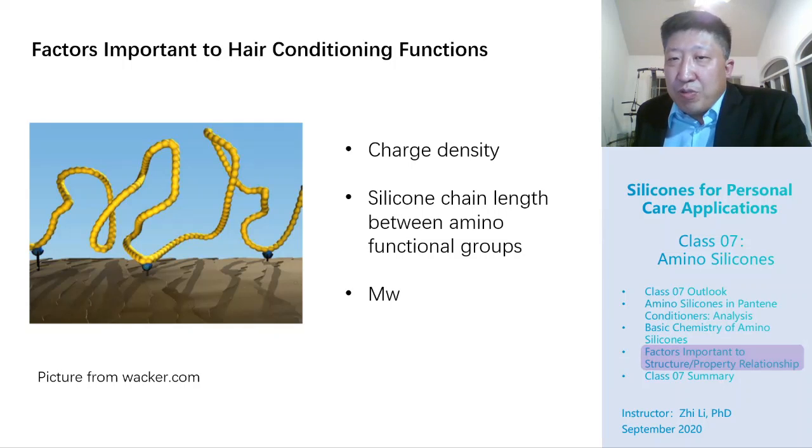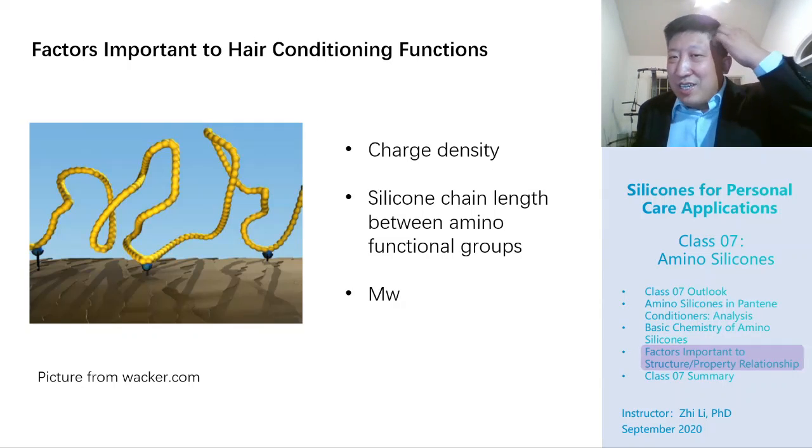They try to show the blue point here is a positively charged amino group. They're able to anchor the silicone on the hair surface through charge interactions, and then they leave all the silicone chains mobile there. Kind of a half true image here. I'm not sure I 100% agree with what's drawn here.